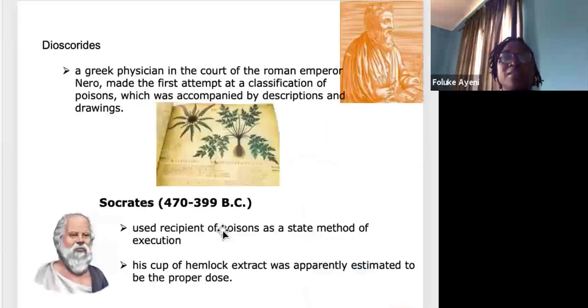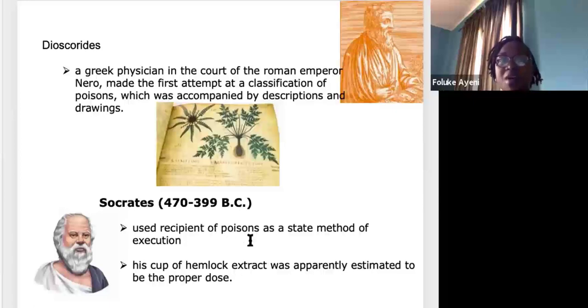We have this other man, Dioscorides, a Greek physician, and he was the first to make an attempt to classify poisons according to their actions, group them in groups with similar actions, and distinguish one group of poisons from another group of poisons.